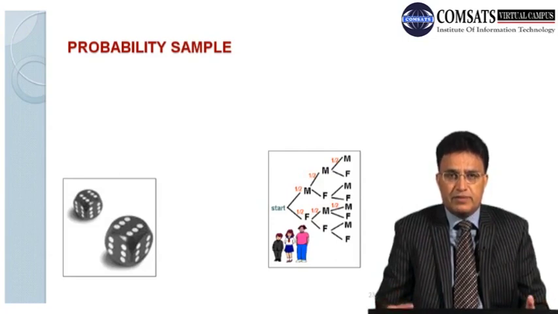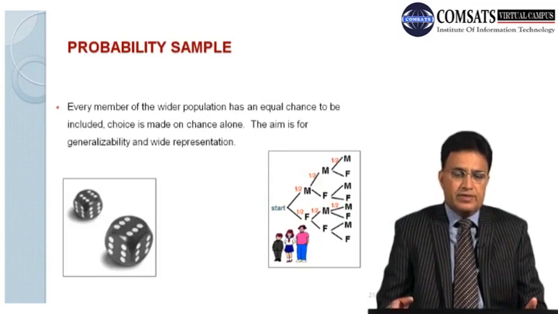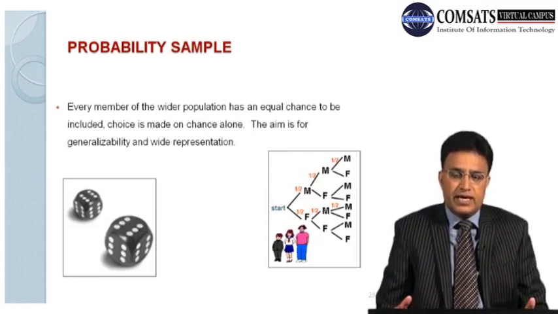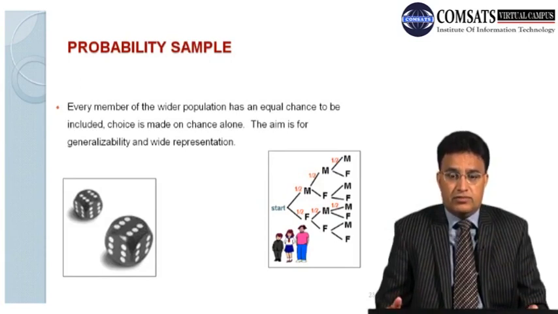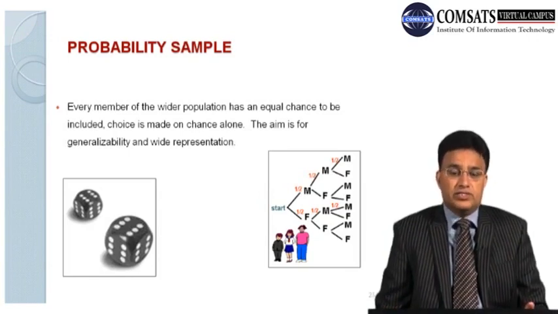So every member of the population can get into the sample. Every member of the wider population has an equal chance to be included, and choice is made on chance alone. The aim is for generalizability and wider representation of the sample.